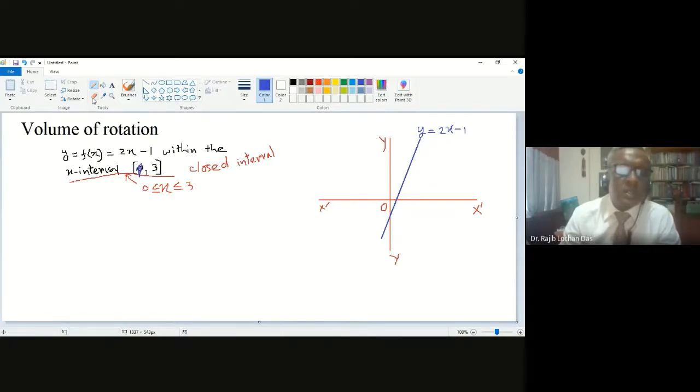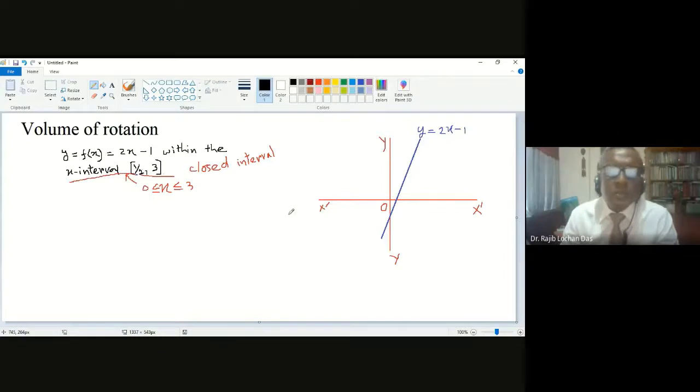Let us take the interval as 0.5 and then 3. Why 0 will be a problem, I will let you know, then you will understand. So let us take the x interval as 0.5 and 3. That means half and 3.